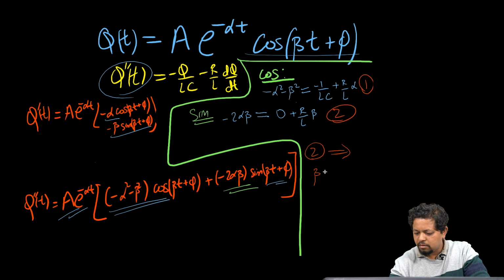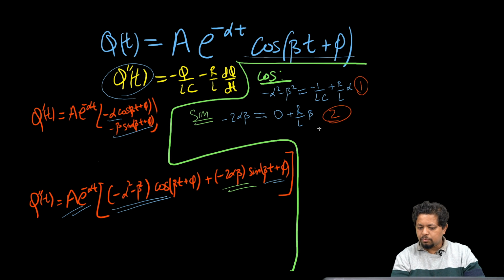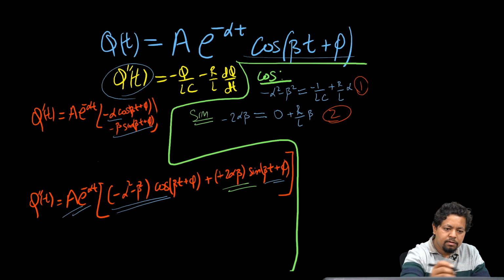It gives me either beta equal to 0 or alpha equals minus r by 2L. I think there's a sign mistake. I should get alpha equal to plus r by 2L. So there's a small mistake here. This should have been a plus sign.